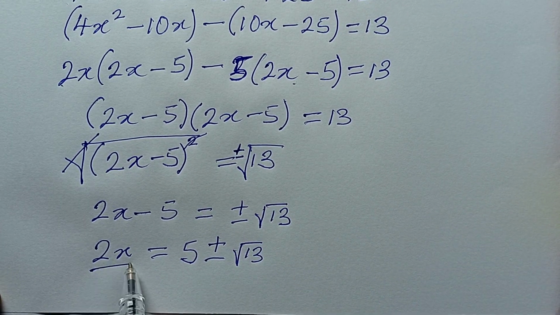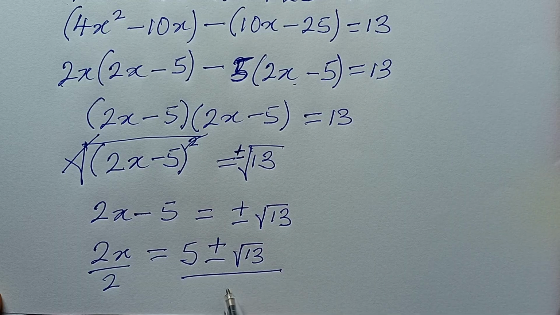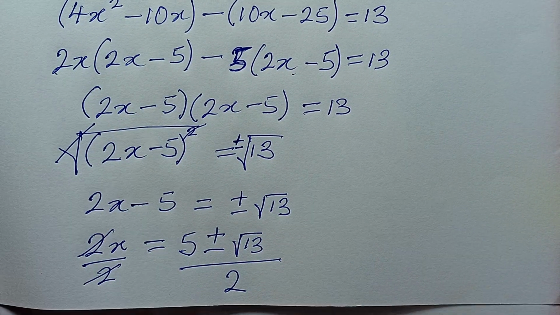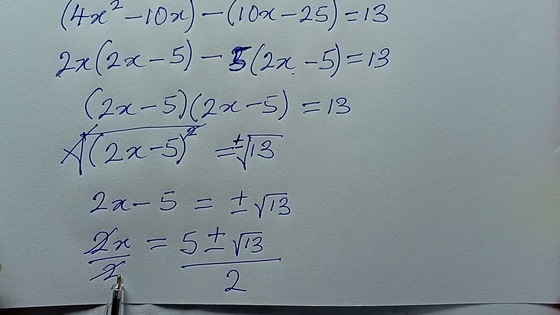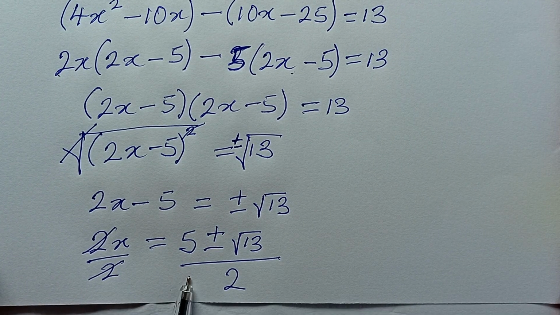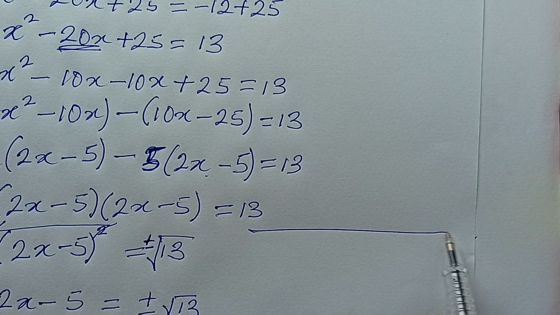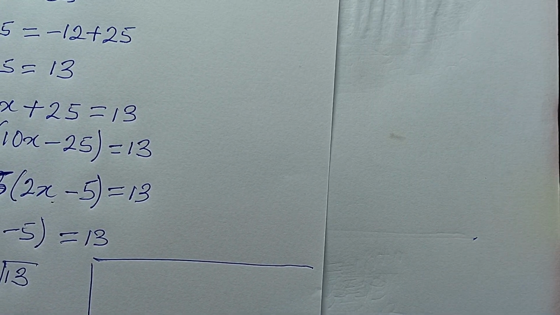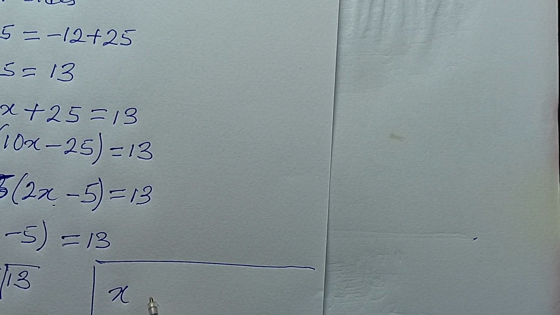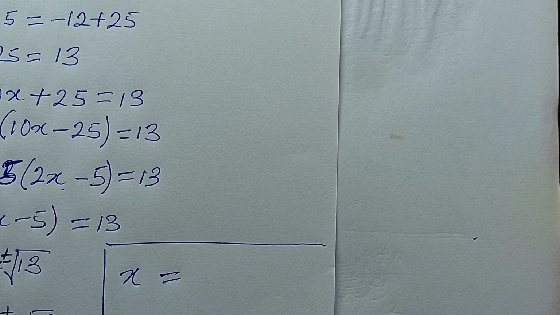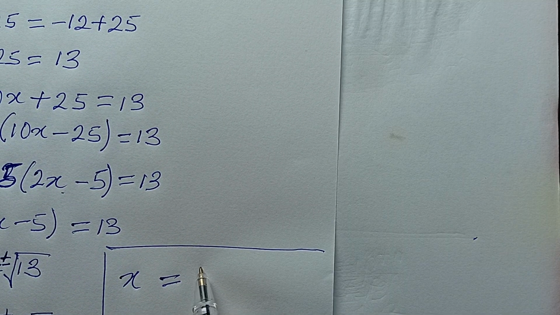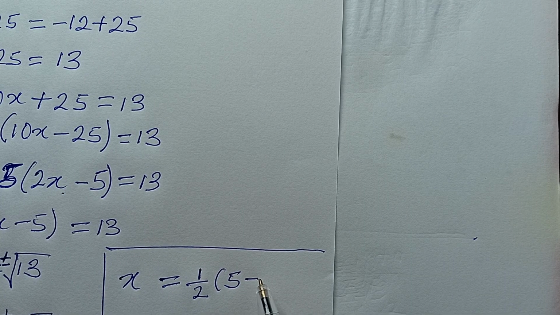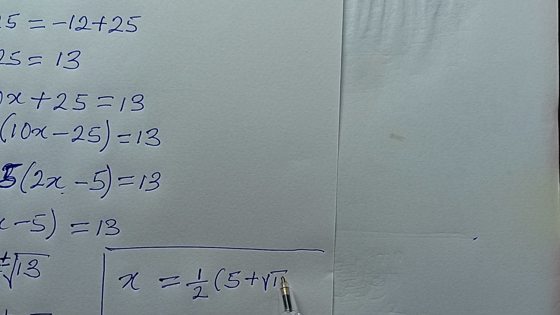So divide through by 2, divide this side by 2. Okay, so from here, we now have two values for our x. So let's continue here. Let's just put it in this corner here. And so we're going to have our x1 is equal to, we can write this as our 1 all over 2 into 5 plus the root of 13.